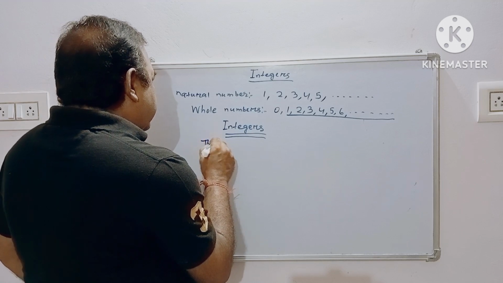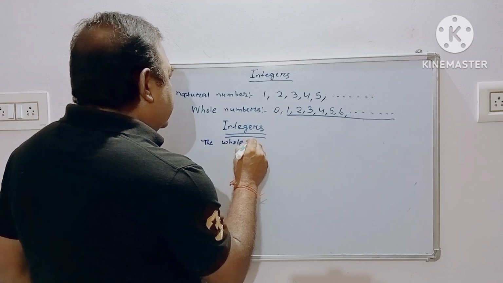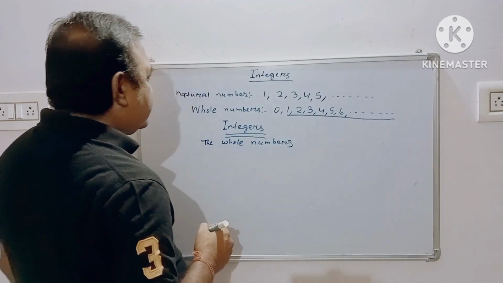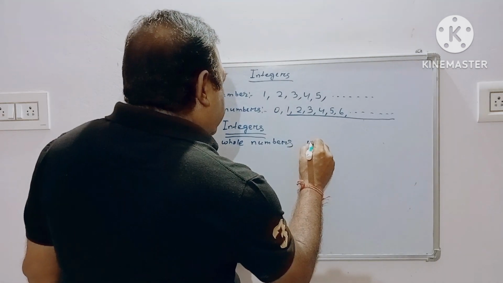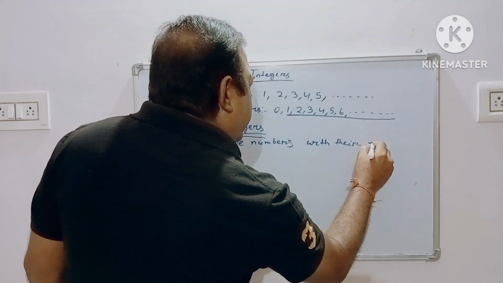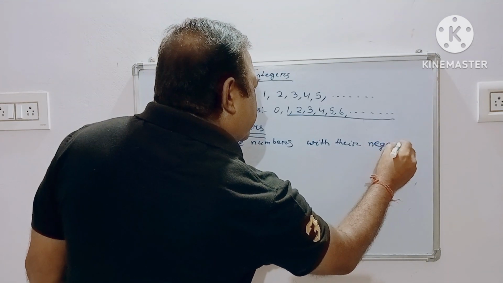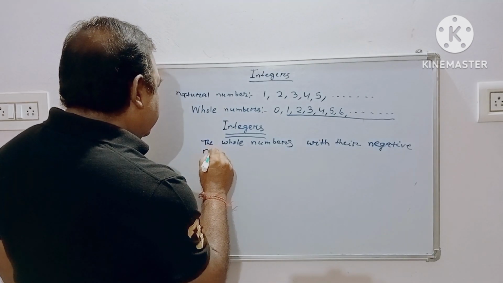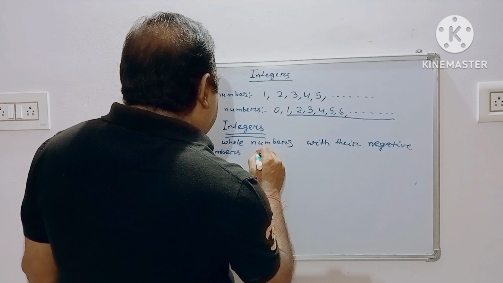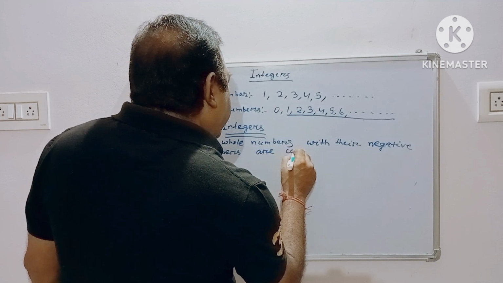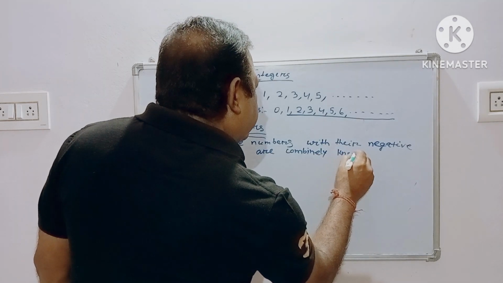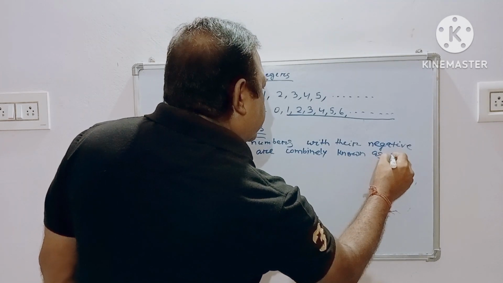The whole numbers with their negative numbers are combinedly known as integers.